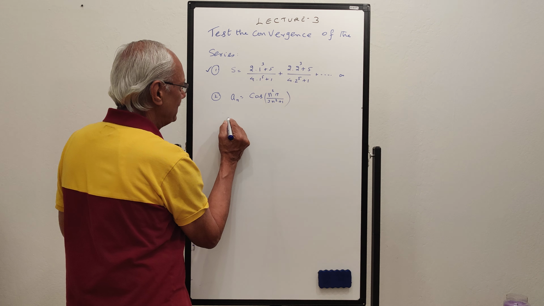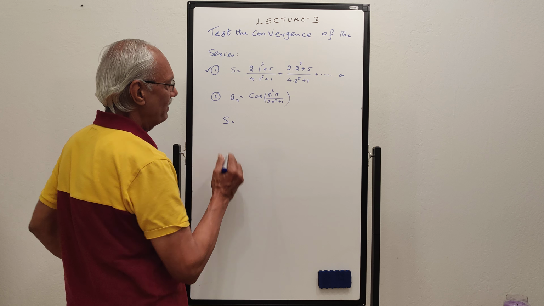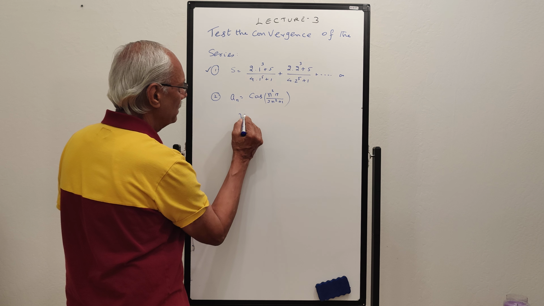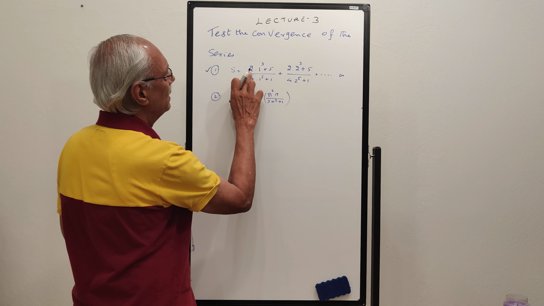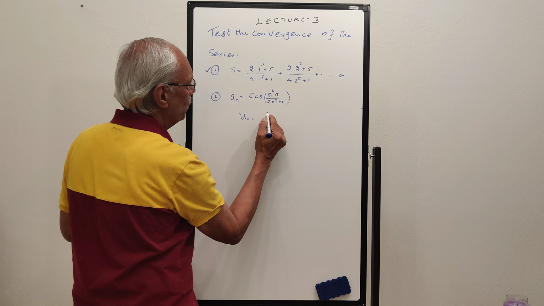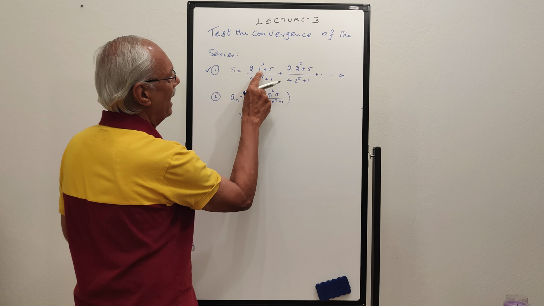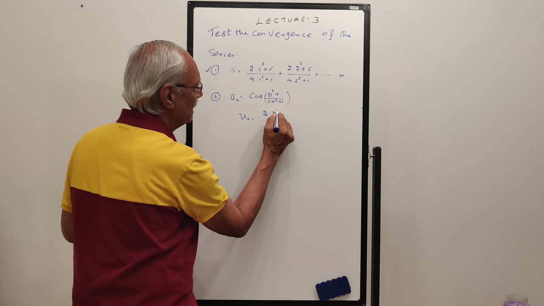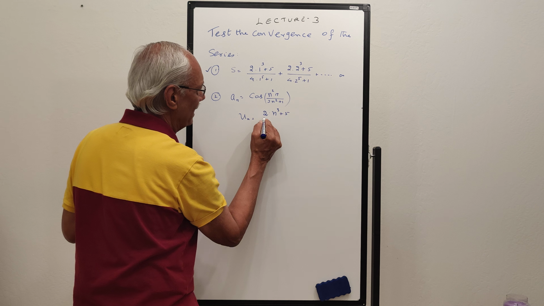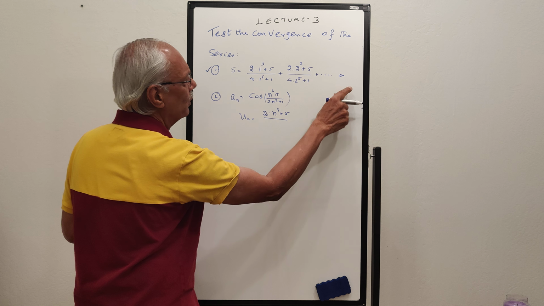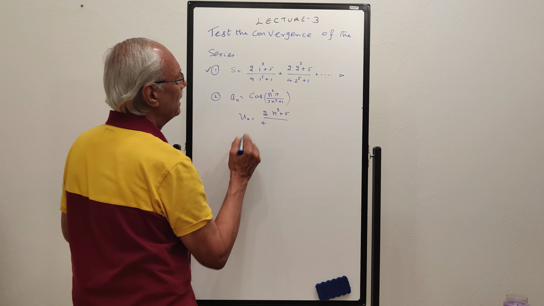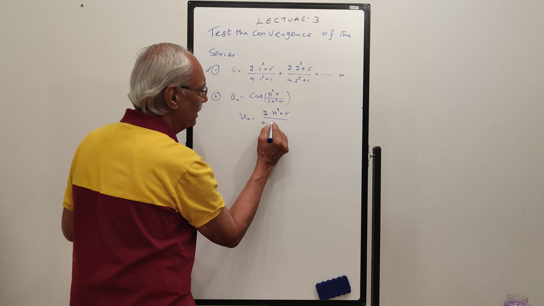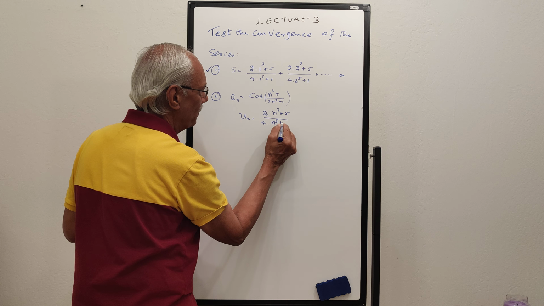In this, S can be written as, I will write what my nth term is. What is your un? It starts with 2, so it contains 2. And this is 1 cube, then 2 cube, then 3 cube, so naturally it is n cube plus 5, divided by 4 throughout, into 1 to the power of 5, 2 to the power of 5, so n to the power of 5 plus 1.